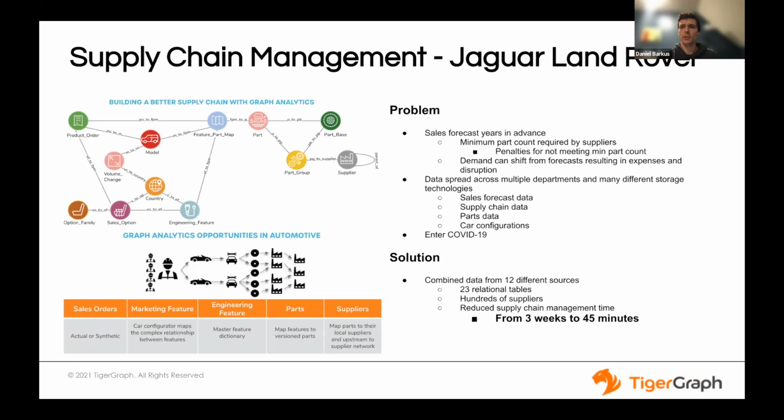So first we have to understand what an automotive supply chain looks like, because you might just think it's parts go in cars, and that's great and all, and that is part of it. But a lot of what goes into it is actually way before the supply chain even starts. Cars are obviously expensive things to build and expensive things to purchase. So you don't want to build more than you're going to sell, and you don't want to build fewer than there's demand for.